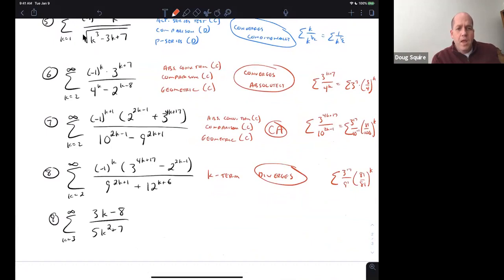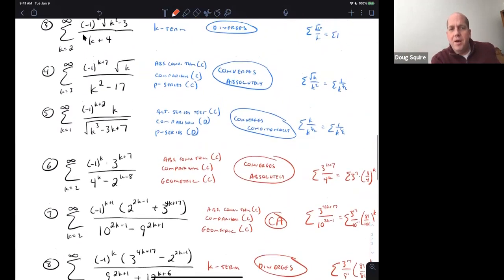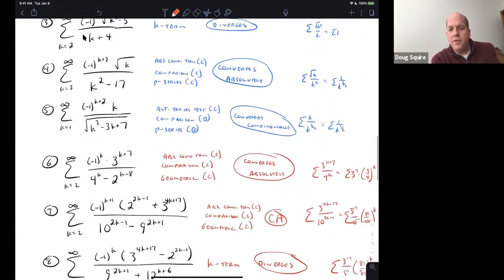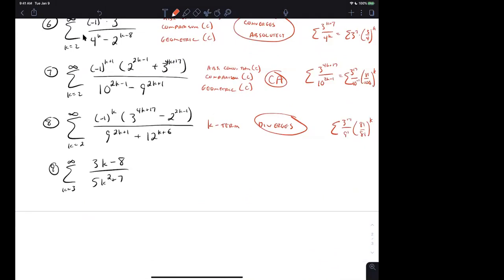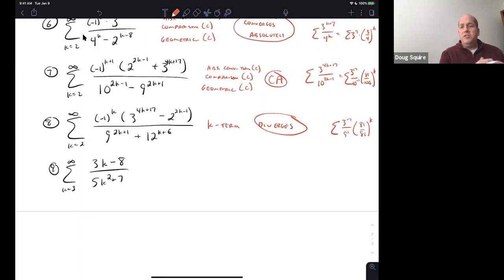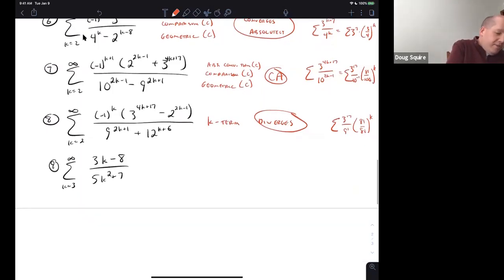On number 9, what's different about number 9? So it's not exponentials, but what's different about number 9 versus these first 4 even? Somebody. Not going to alternate. Yeah, it doesn't alternate. So on this one, you just start with comparing it, and you compare it to 3k over 5k squared, which is 3/5 times 1 over k.